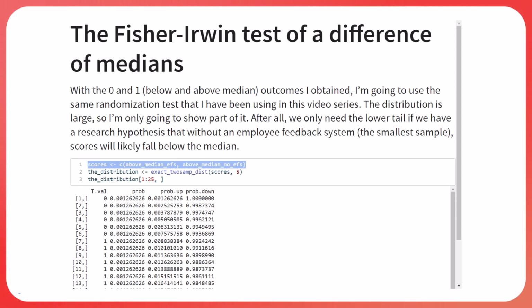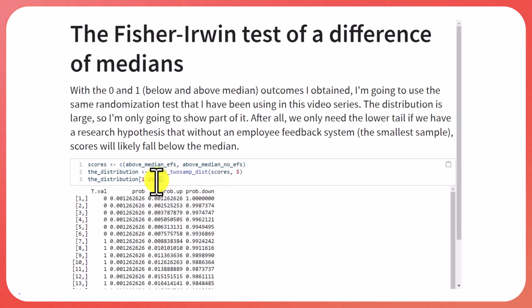Those scores are just zeros and ones here. And then I'm going to create a distribution based upon my exact two-sample distribution procedure, taking those combined scores of zeros and ones, and then creating a distribution based upon the smallest sample size, that is 5.